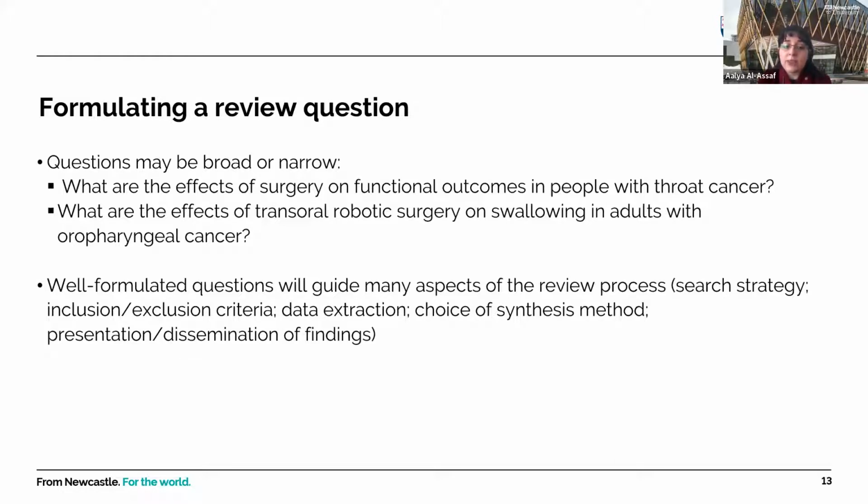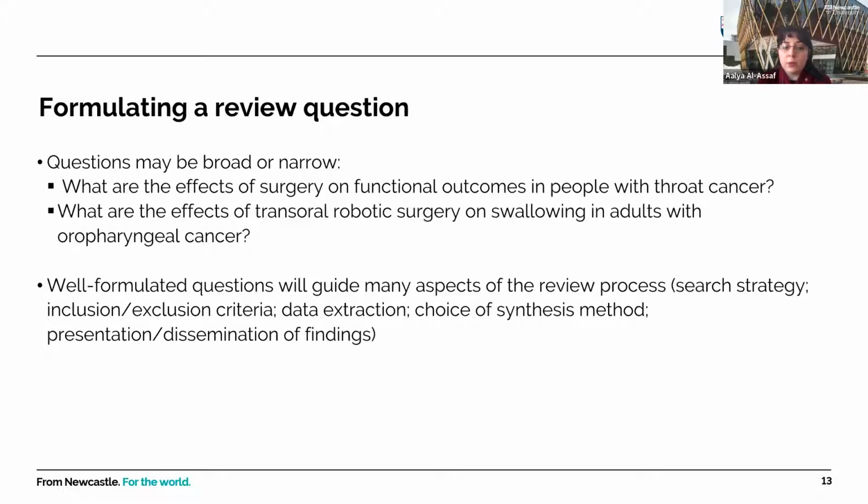The research question can be broad or it can be narrow. So as you can see from these examples of research questions, if you look at the first question that says, what are the effects of surgery on functional outcomes in people with throat cancer? This is generally a broad question.